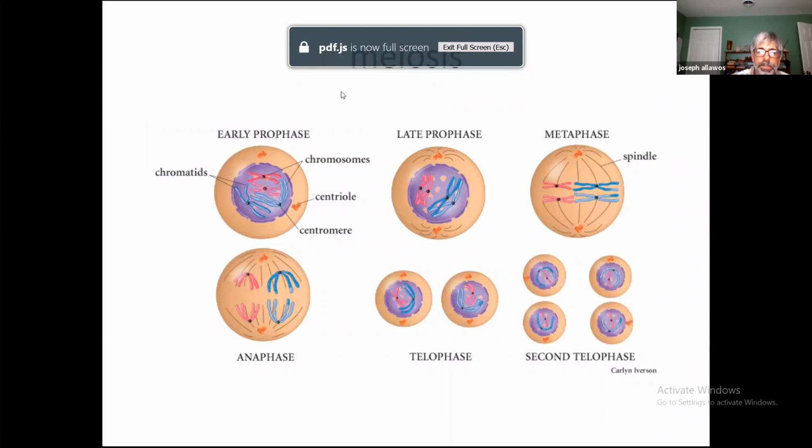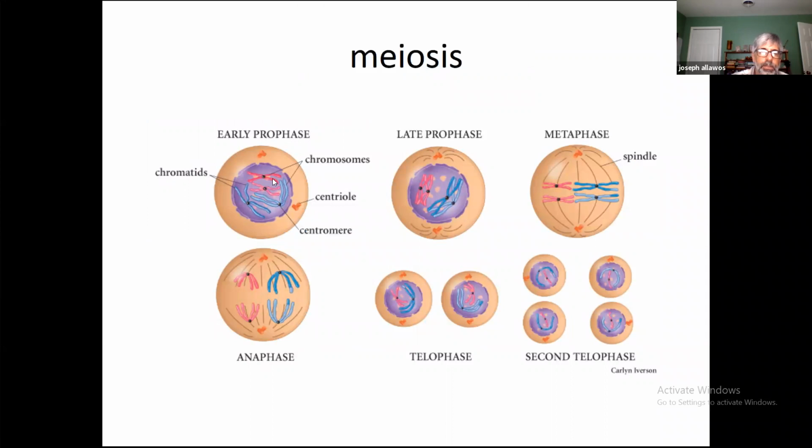Now here is a drawing of it. Here's PMAT1, right? And you can see they're also using size to represent homology, and they're showing crossing over events occurring. And you can see here now there's a crossing over event. It's hard to tell with the colors. They should have picked more colors that stood out a little bit better, but that's okay.